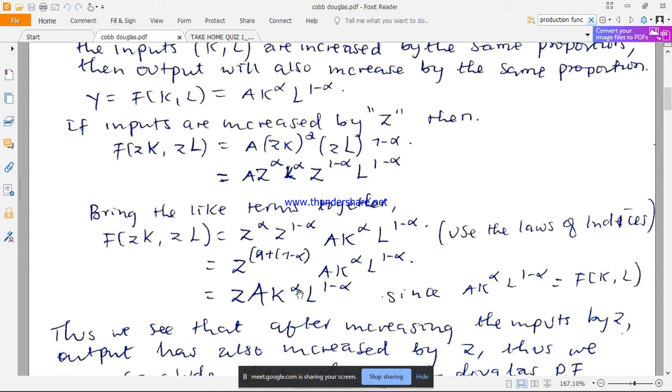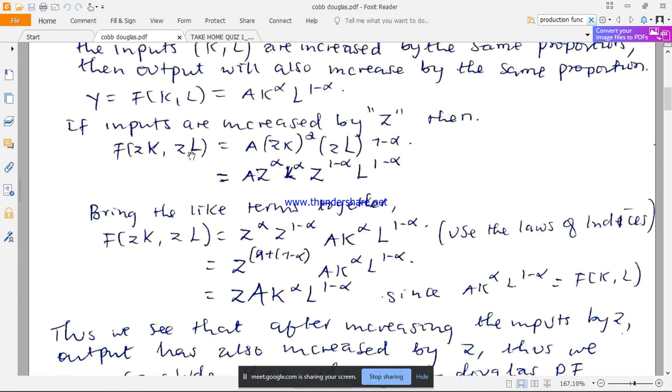So now, how do you know that I have decreasing, constant, or increasing? Let's assume that the Z we're talking about is 2. Okay, so increase capital by 2, increase labor by 2. And then here, after doing all these things, we have a 2 here. Then we're going to conclude that we have constant returns to scale.